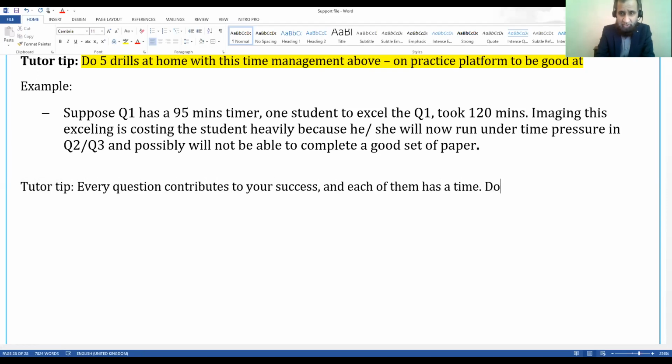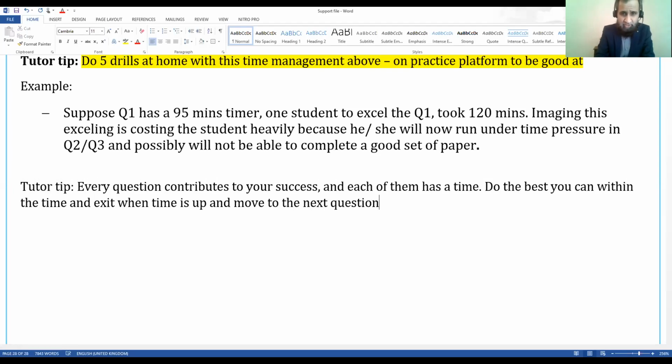Do the best you can within the time, and exit when time is up and move to the next question, because opportunities to score are awaiting you in the next question.